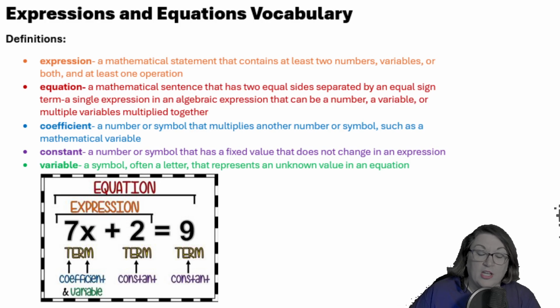So in this particular equation, we have three different terms. We have one coefficient, we have one variable, and two constants. And there's one expression in this equation, and it's just the 7x plus 2 part of the equation. So hopefully that will help you understand the different vocabulary terms of the different parts of the equation. We'll go over it just a little bit on each video, but when I start talking about coefficients and constants and all these things, hopefully this will clear up what I'm speaking about.